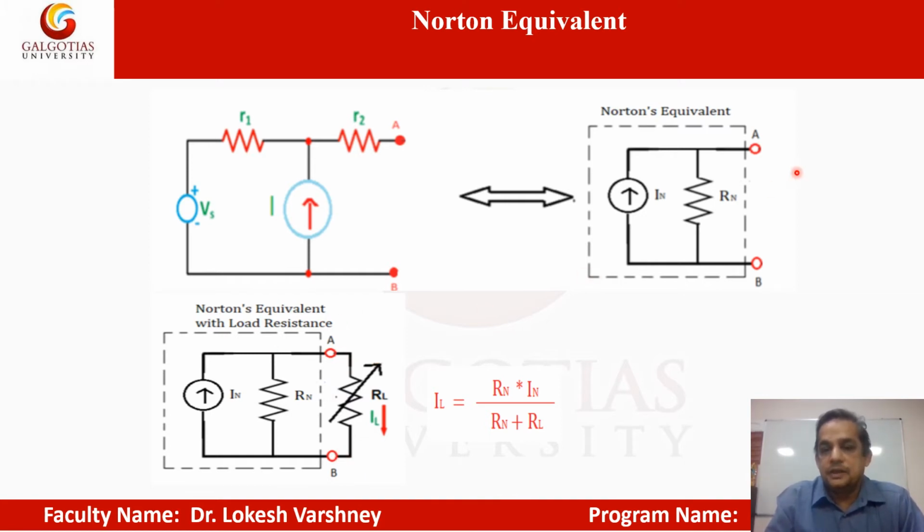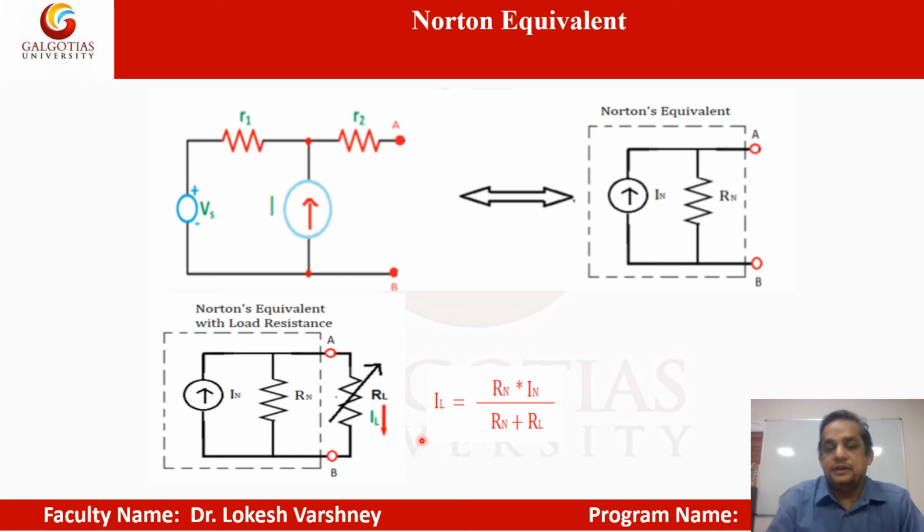Always remember, this is an equivalent. If anybody asks in a question to find the equivalent of the given circuit, then you find only the equivalent, not connect the RL. Simply IN parallel with RN.